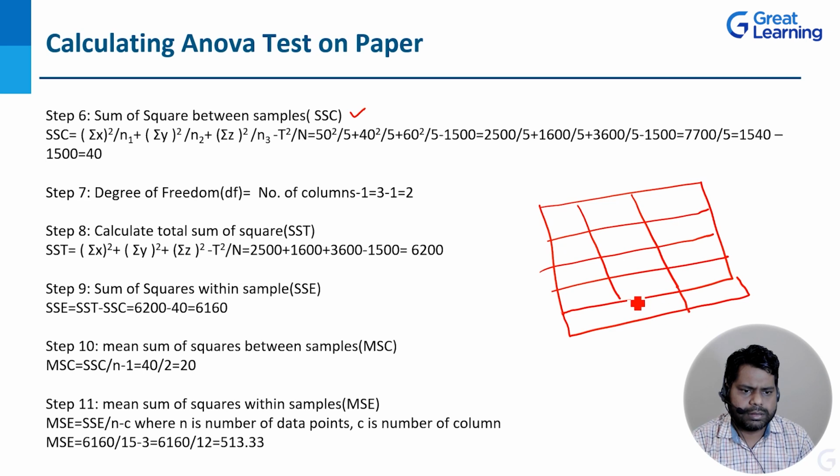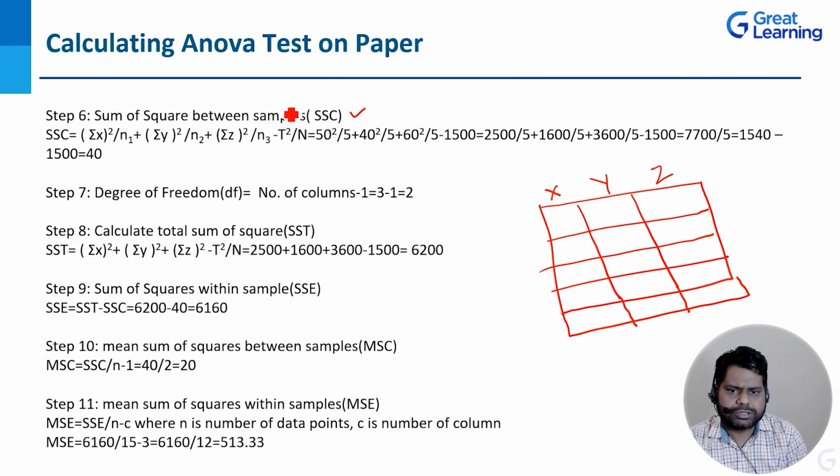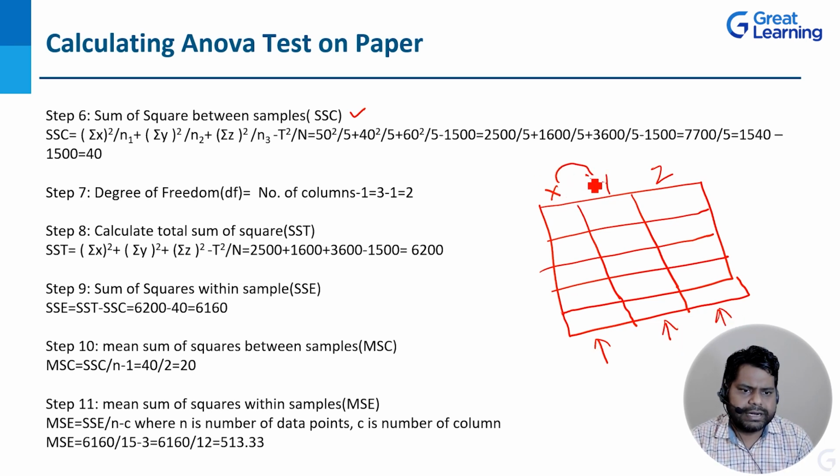When we say between the samples, this is x, this is y, this is z. Whenever we are calculating the sum of squares between samples, this is one sample, this is two sample, this is three sample. So we will calculate between these.